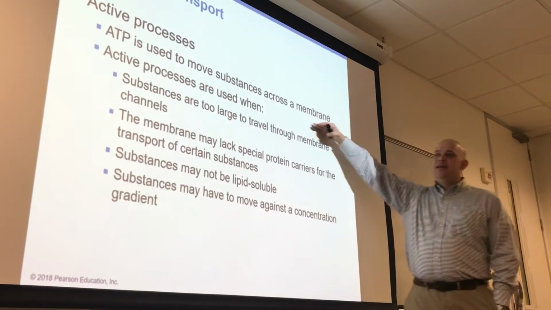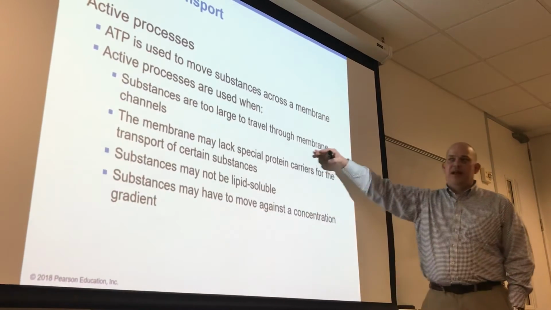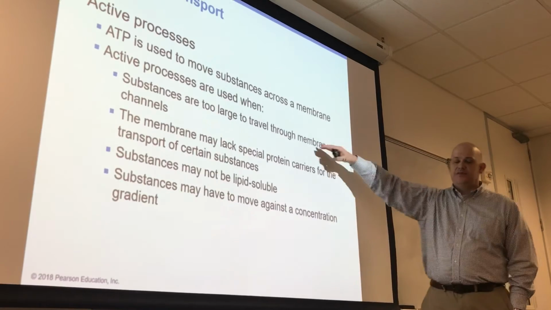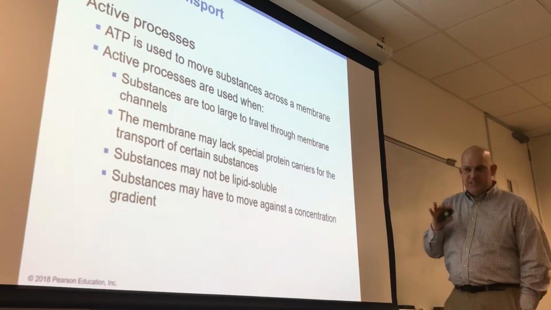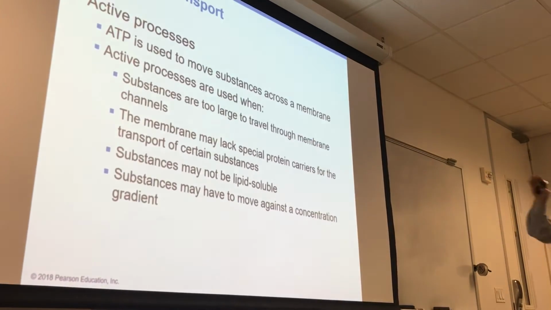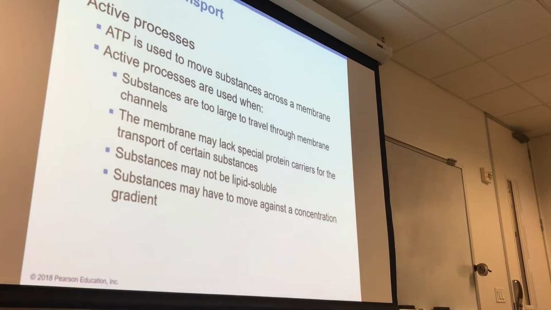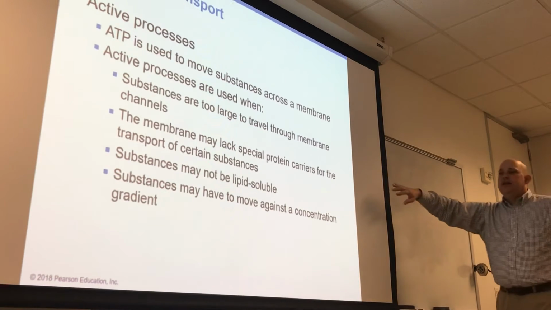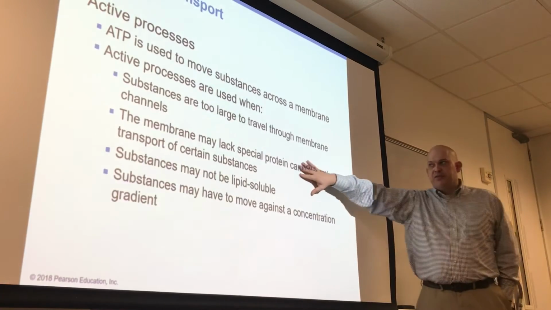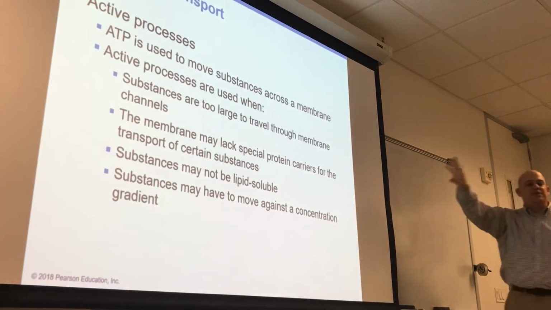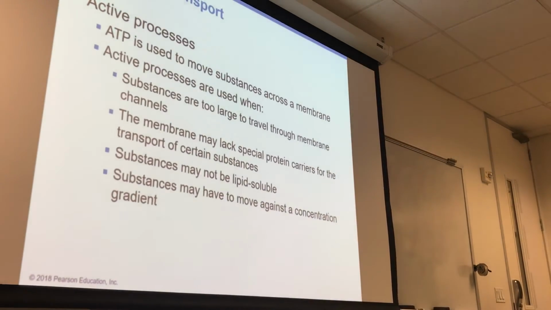There's a couple of key things that need to be in play when we are using active processes. One, these solutes that we're moving need to be too large to travel through a membrane naturally. So now we're going to be moving large molecules. Two, the membrane is going to lack some sort of special protein carrier that allows the movement to naturally occur.